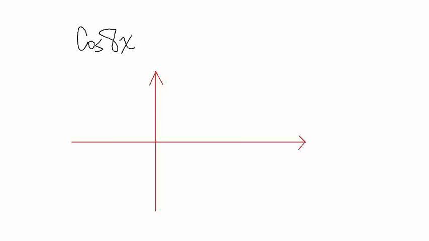So if you were to do an analysis similar to what I did with regards to the sine function, you would notice that the period for this function is 2 pi divided by 8, or pi over 4. Okay? And so the amplitude is going to be the same as for the regular cosine of x, so 1.